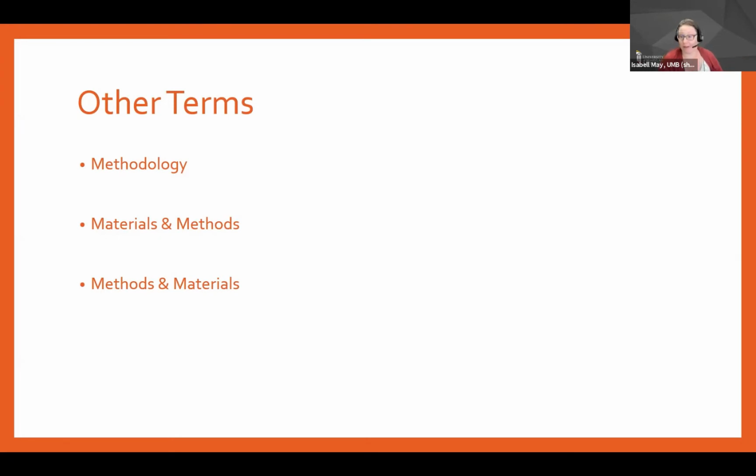Some call it materials and methods. I see materials and methods a lot in biochemistry and chemical journals, because it's about the materials, like the cell lines, things that I don't really know too much about. But materials and methods, people switch it around. Those are the most common ones I've seen. I'm sure there is another term out there by some journal, but methods usually captures it all. Just want to throw that out there.